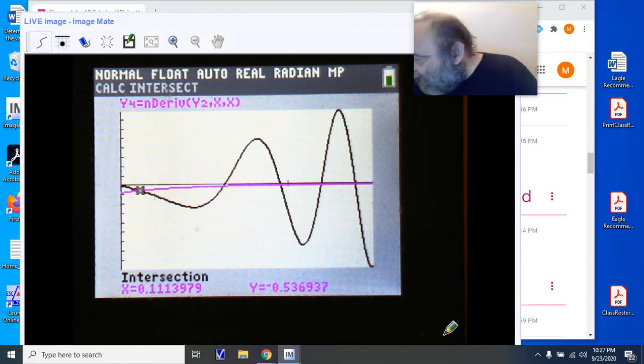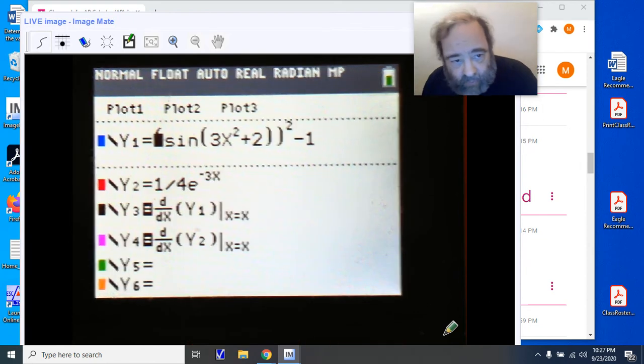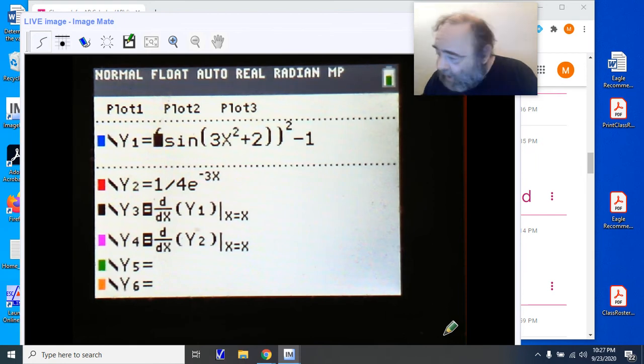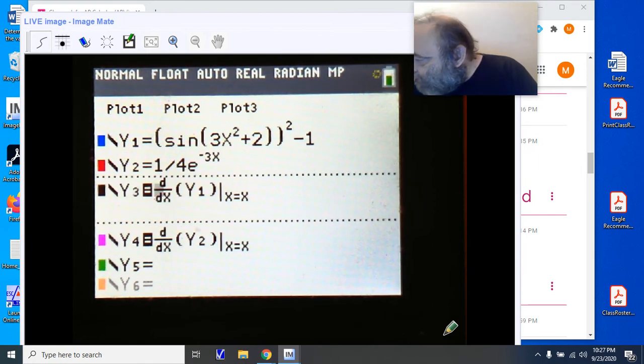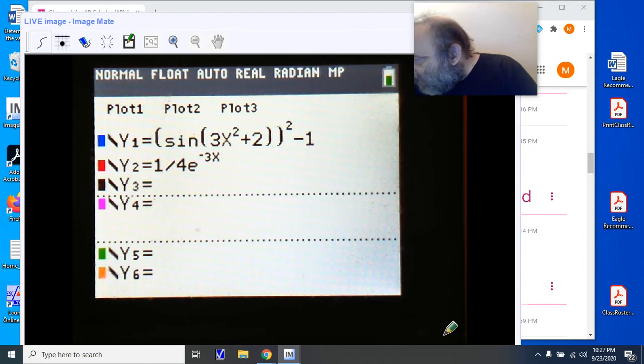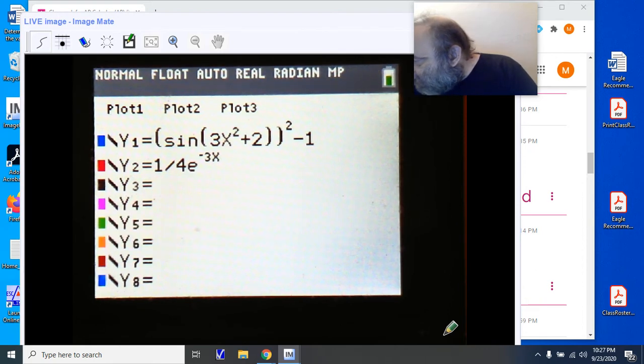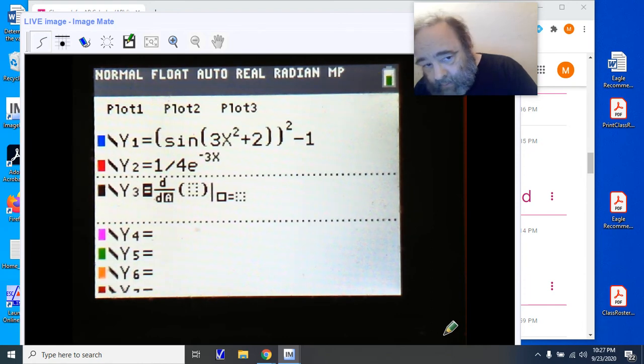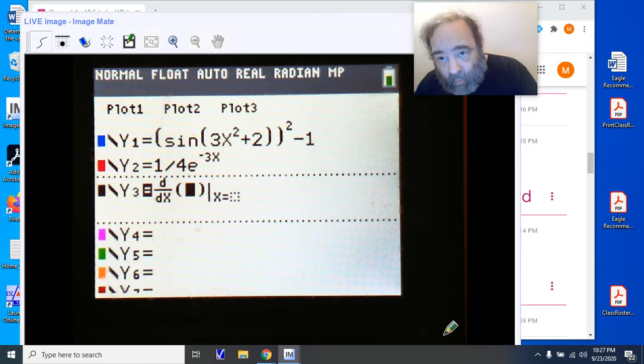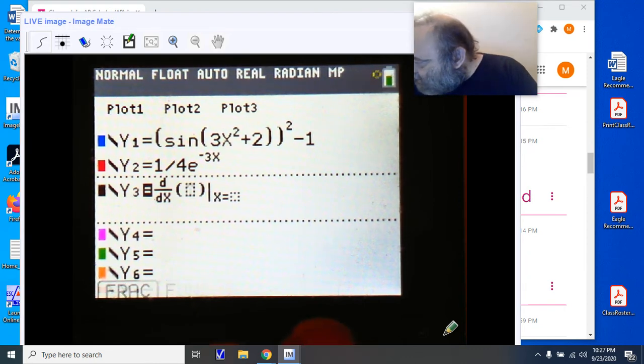So let's just repeat that again. We go to Y equals. You put in your two equations. I'm going to delete them so that we can do it over again. Hit Math 8, x, for those of you with the nDeriv, Y1 comma x comma x.